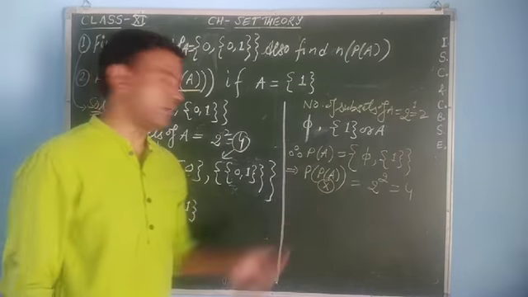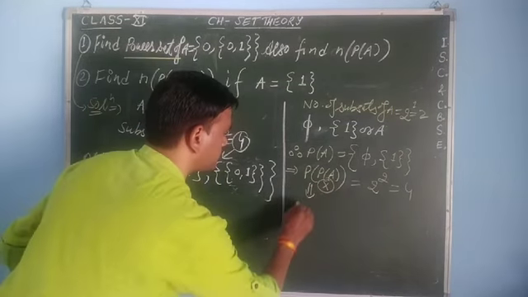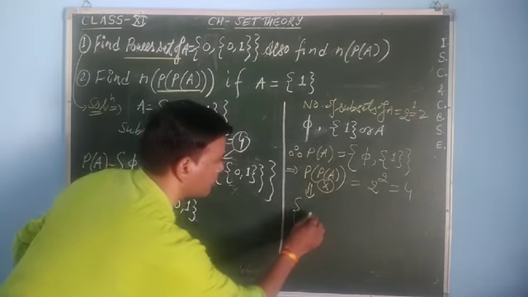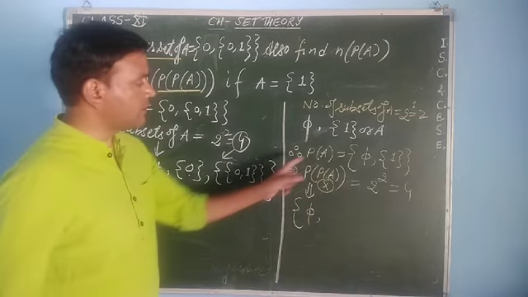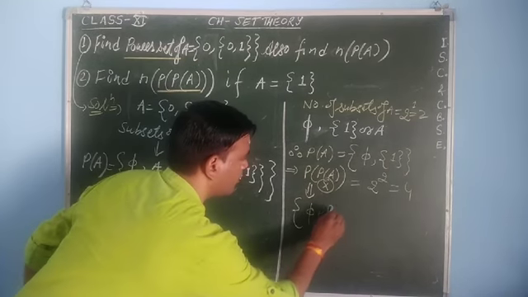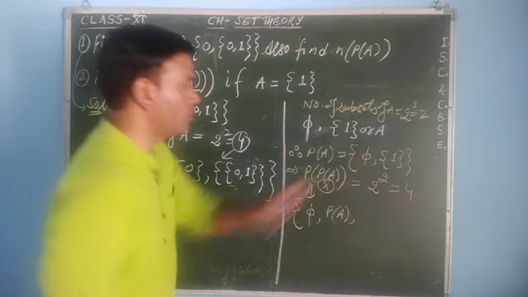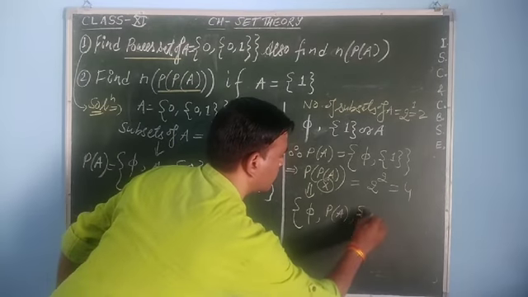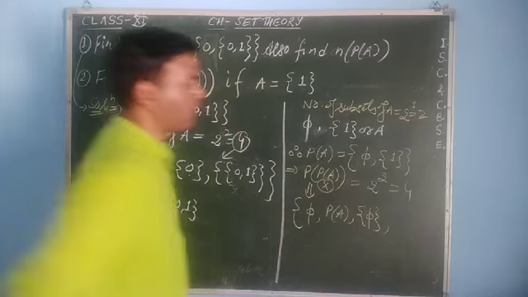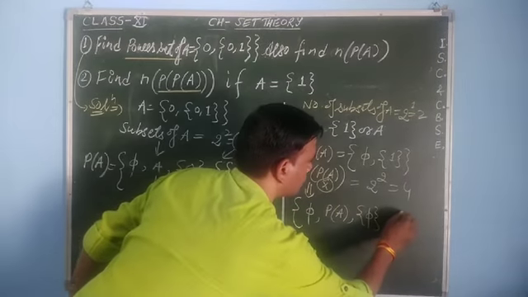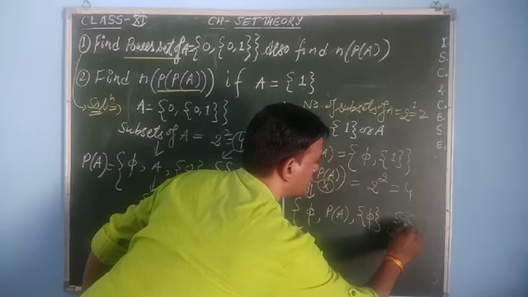Therefore P(P(A)) will be represented as all subsets. First you can take phi as a subset of itself, so you can put here phi. Then the set itself, so you can put here P(A). Then this element you can make a subset, so this becomes {phi}. Then this is another element here, so you put it just like this.